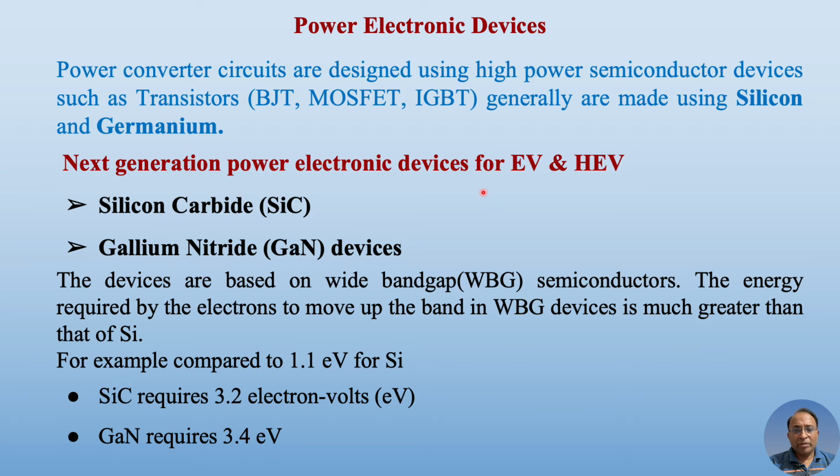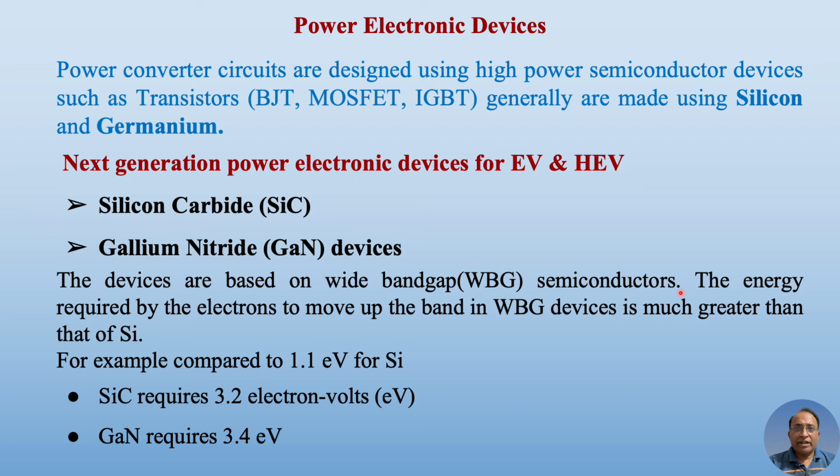Mainly two types are now getting a lot of research interest and are being developed for electric vehicles. They are silicon carbide, that is SiC, and gallium nitride, or GaN devices. These devices are being used for electric vehicles and hybrid electric vehicles, and are called wide band gap semiconductors.